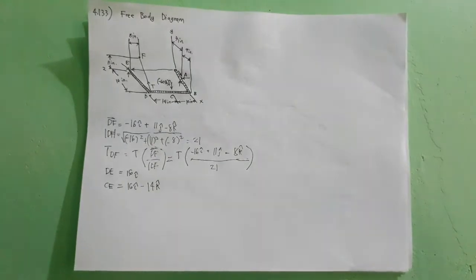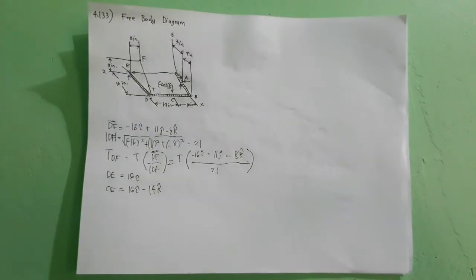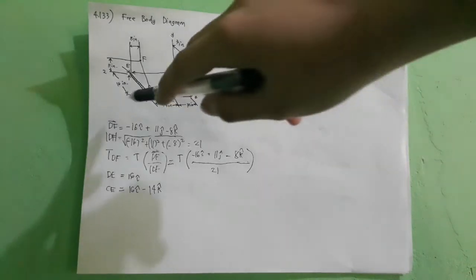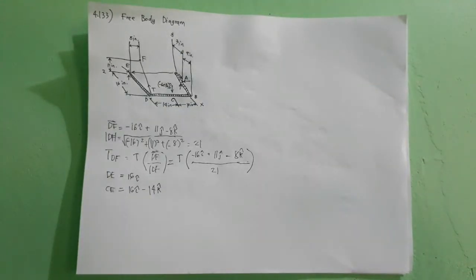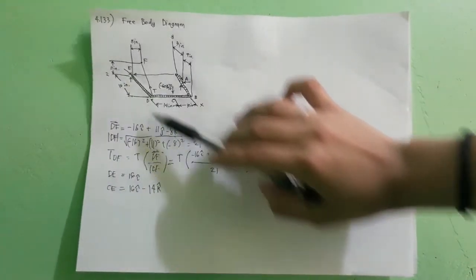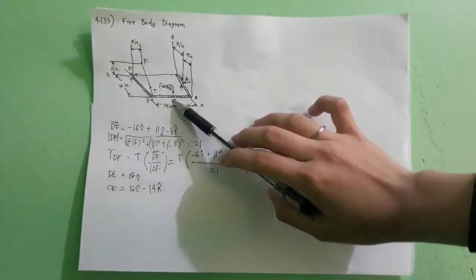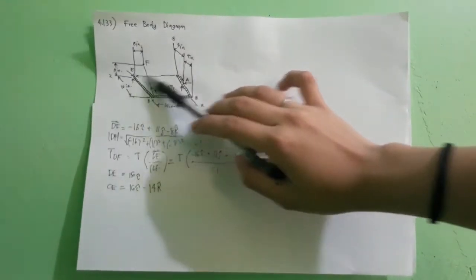Okay. To solve the tension of the cable, we first solve the points and the magnitudes of DF, DE, CE, and EA.